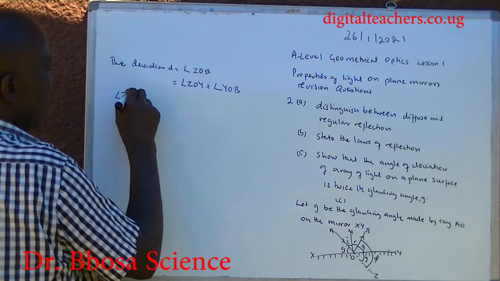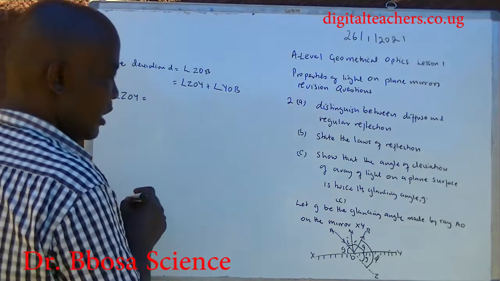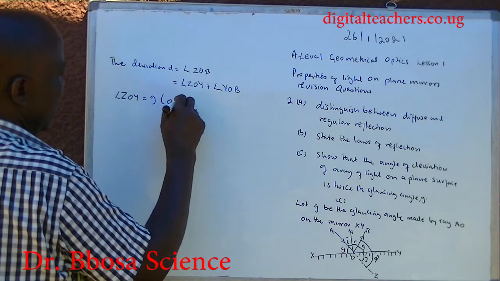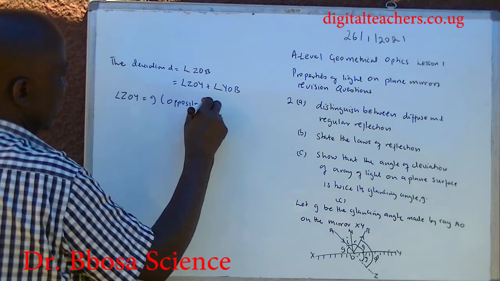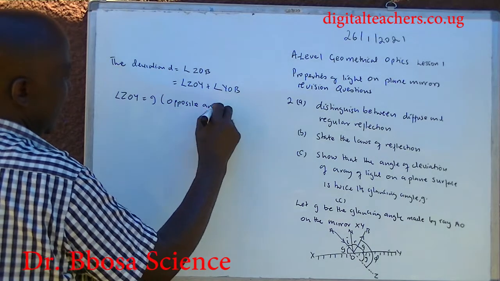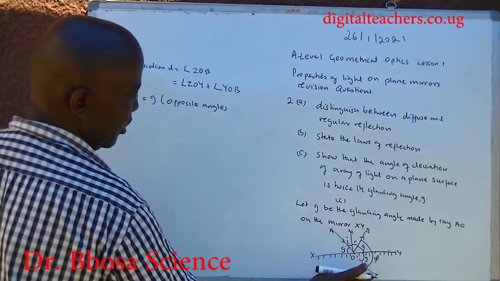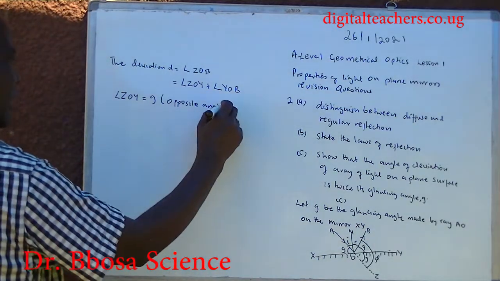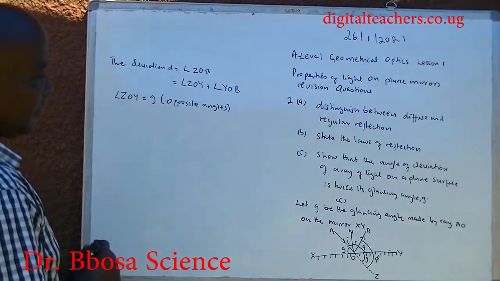Angle ZOY is equal to G. These are opposite angles, so G and angle ZOY are equal because they are opposite angles.